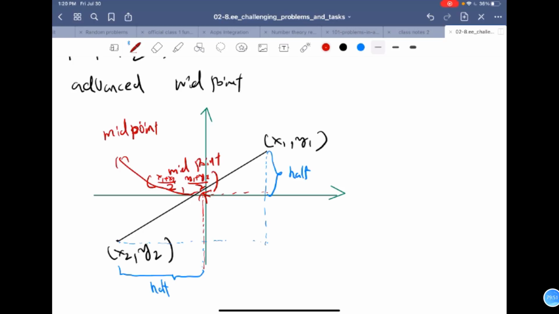Because the midpoint and the left bottom point create a right triangle that is congruent to the triangle with the midpoint and the point on the top right. I think you mean a similar triangle, actually.